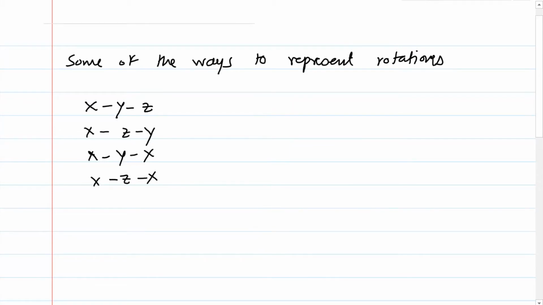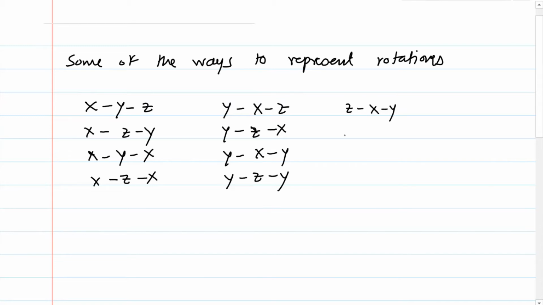Then we could start with y. We could have y, x, z; y, z, x; y, x, y; y, z, y. So those are 4 starting with y. Then we have z, x, y; z, y, x; z, y, z; z, x, z.